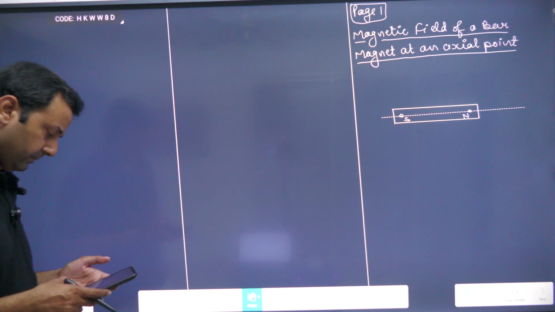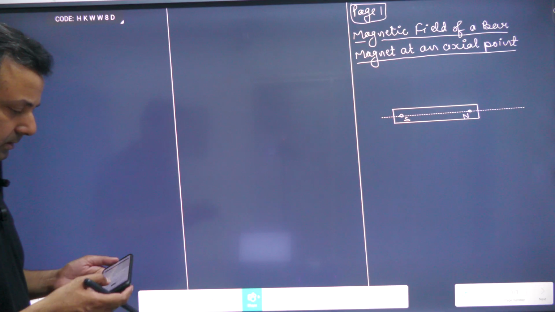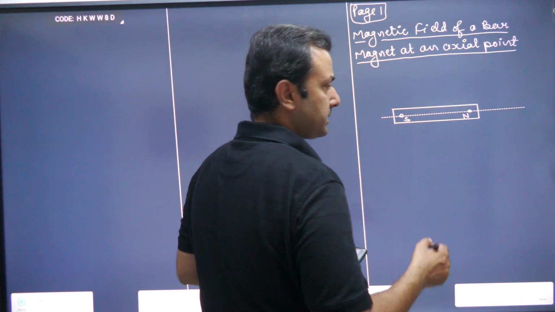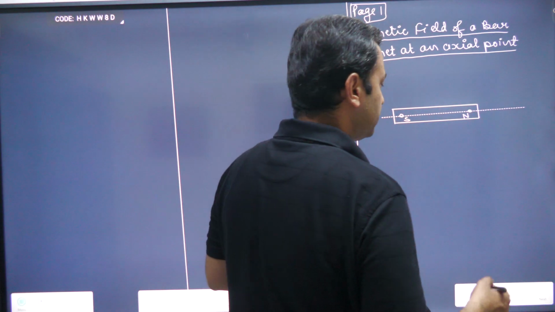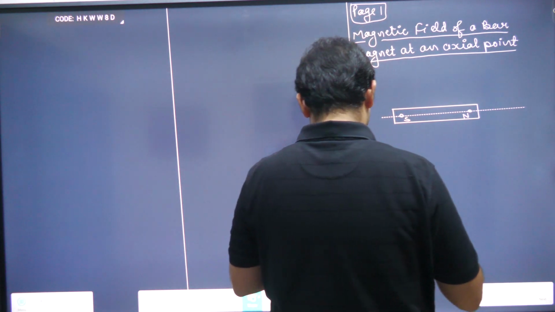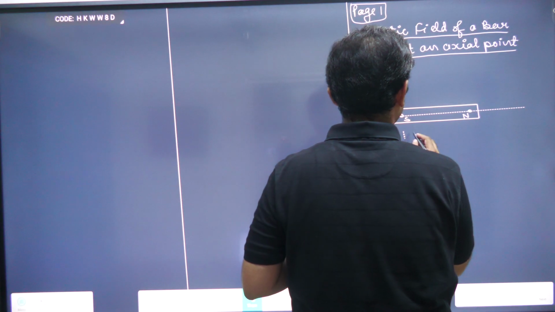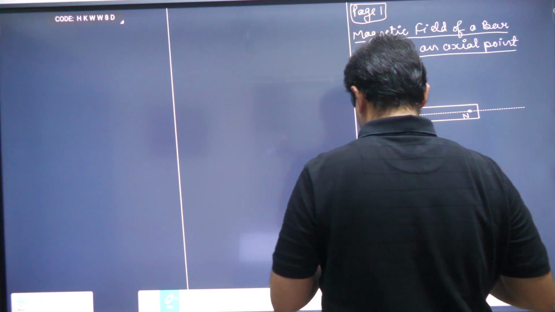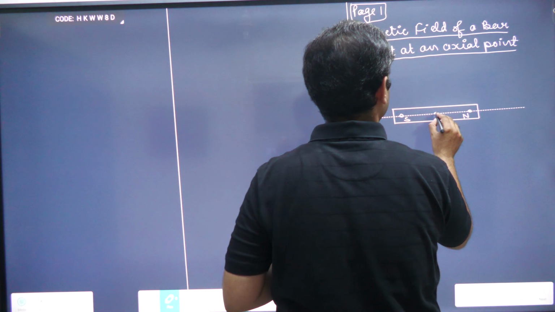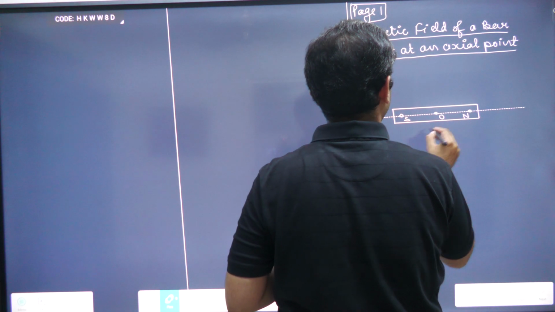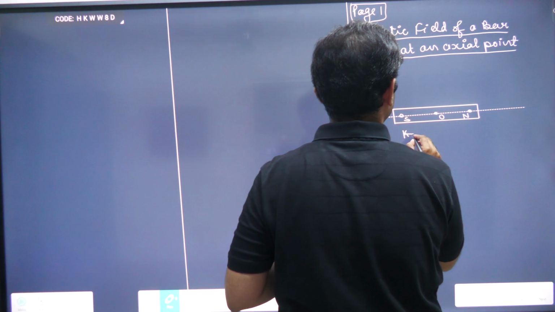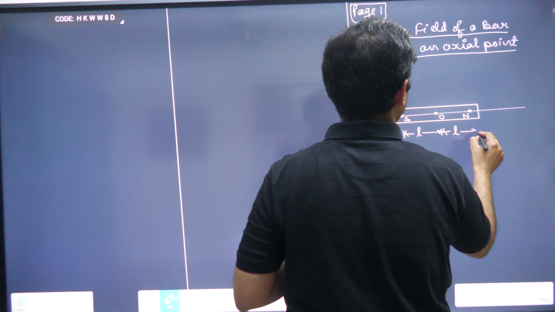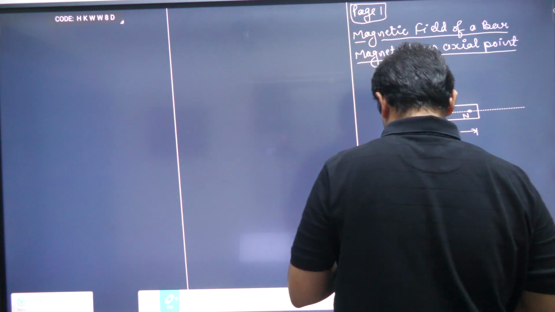Now, the length of this magnetic dipole, as in the case of an electric dipole where we used to take the length 2a, here we take the length as 2l. This is the center of this magnetic dipole, O. This length is l, this length is also l, so in total 2l.